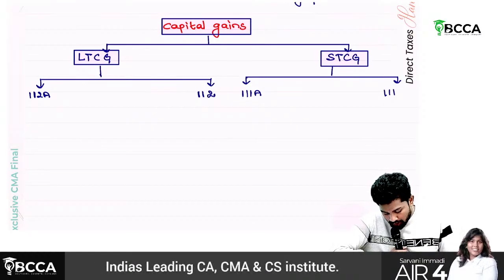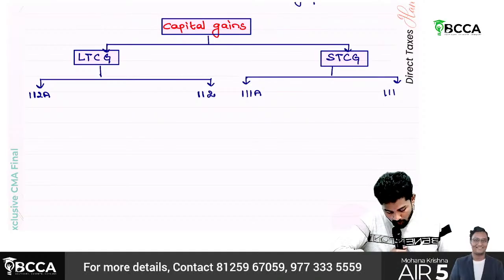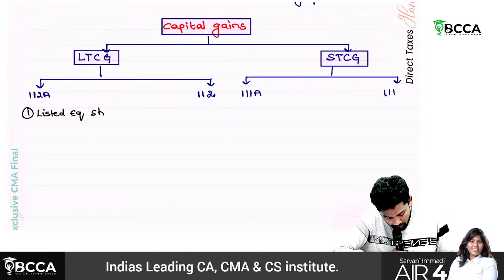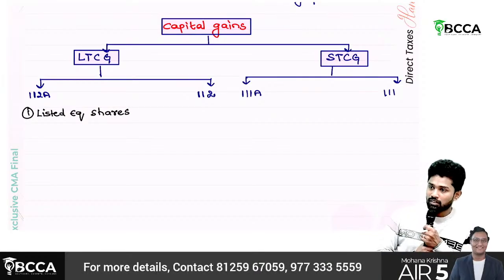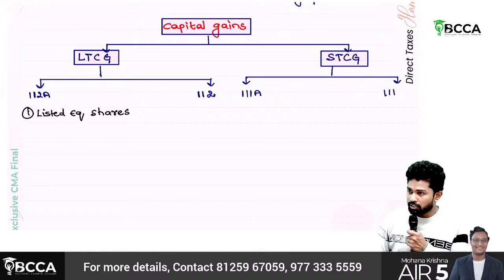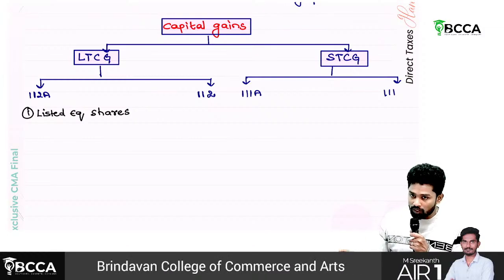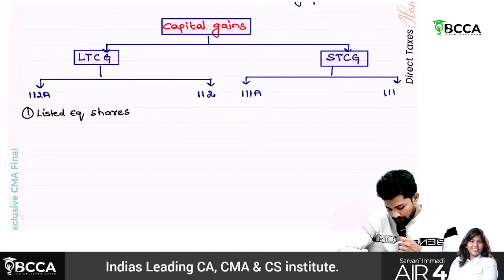What is covered under 112A? Long-term capital gains arising from listed equity shares. What does it mean by listed equity shares, sir? The shares which are traded in the stock exchanges are called listed equity shares.